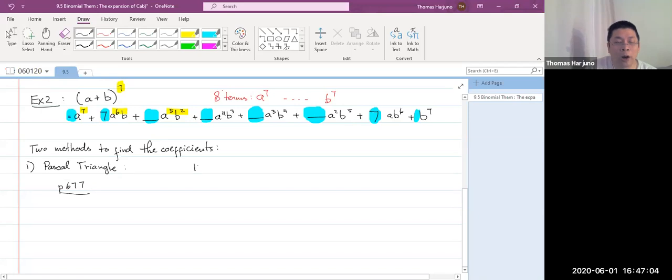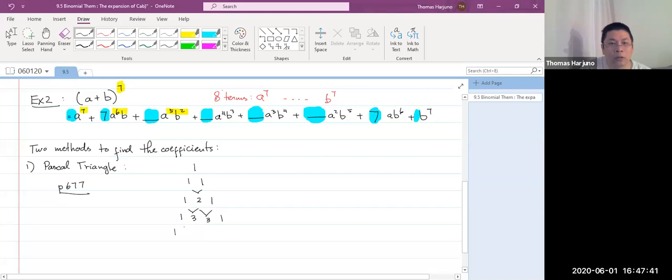We start from 1 in the first row. The second row, 1, 1. Then on the next row, we start from 1, and the next term comes from the sum of these 2, and then 1. And then the next row, it will be 1. The sum of these 2 gives me 3 here. The sum of these 2 gives me 3. And then we end it with 1 again.